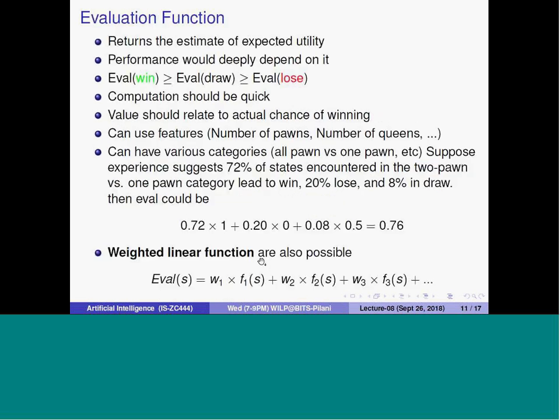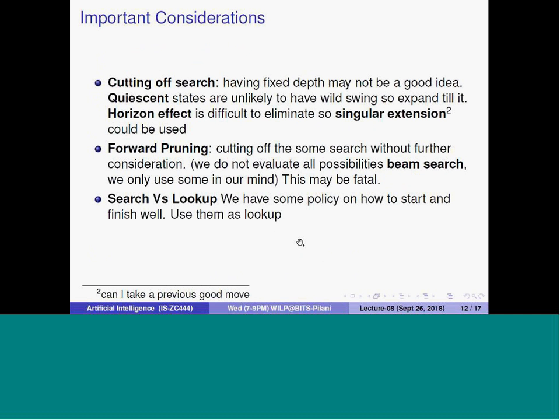Then a second feature, a third feature, and you can find some linear combination of these to come up with the evaluation function. It's difficult to directly tell what the function should be. It depends on the game and on the statistics, and a lot of inner information, meaning knowledge, is also needed to frame these kinds of scenarios. But you have seen one way we can construct these evaluation functions.